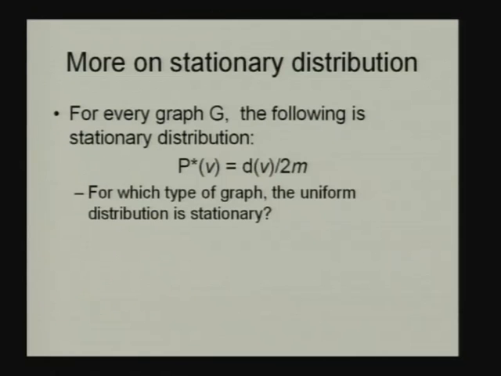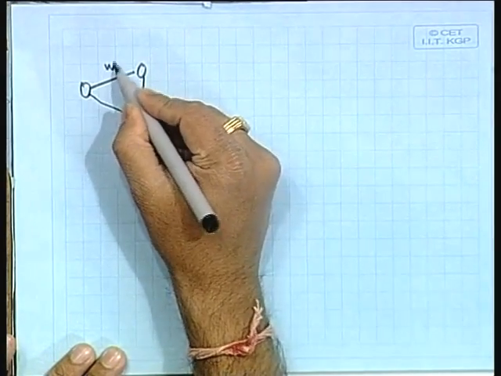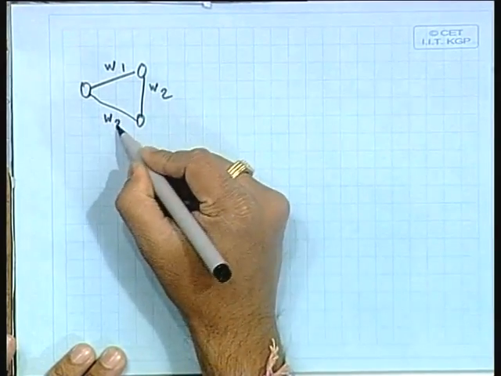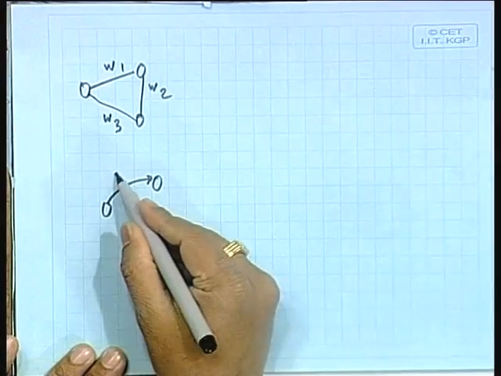How can a graph that is not undirected be time reversible? You have to have cycles. No, it can be. What I mean is, say this edge has weight W1, this is W2, this is W3. There could be a directed graph like this.